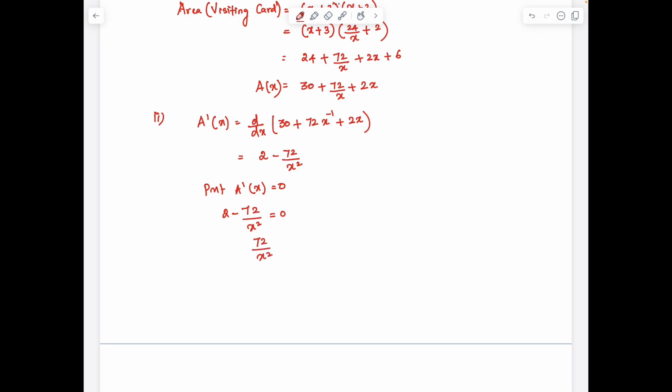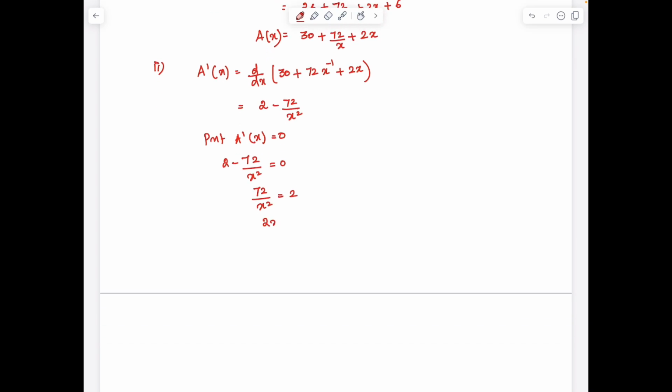72 by x square is equal to 2. 2x square is equal to 72. So x square is 36. That is, x can take plus 6 and x equal to minus 6.